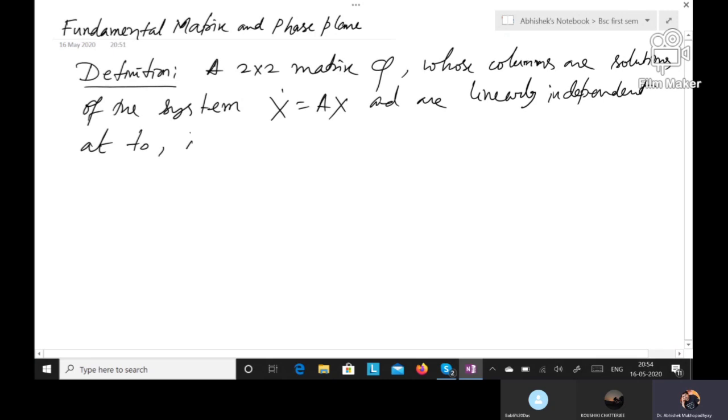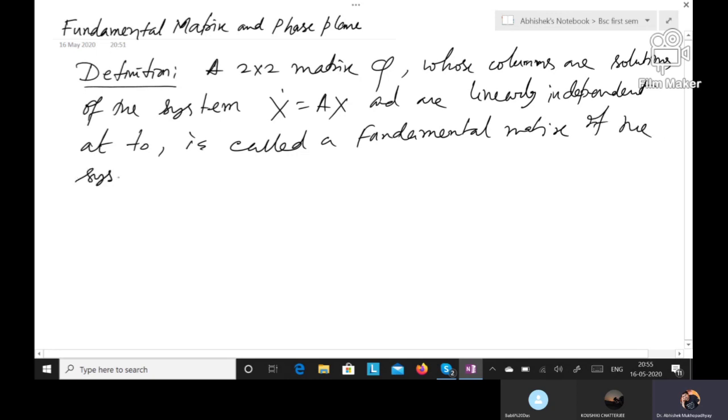Then this matrix is called a fundamental matrix of the system x dot equal to Ax at T naught.